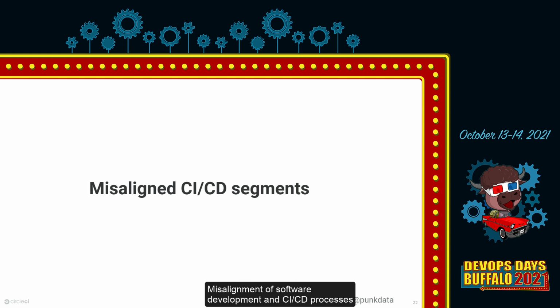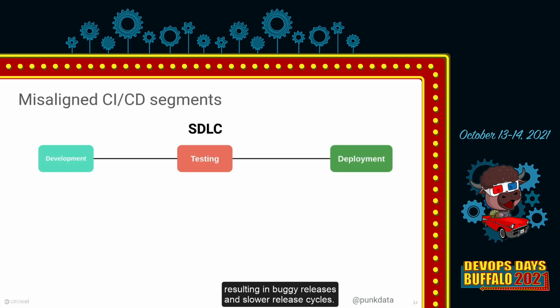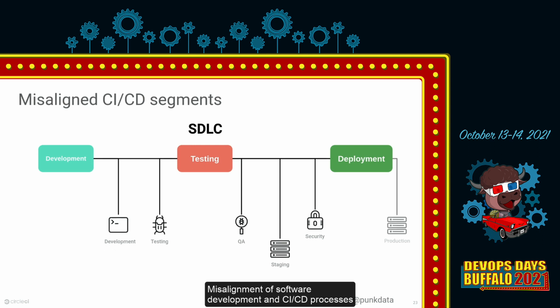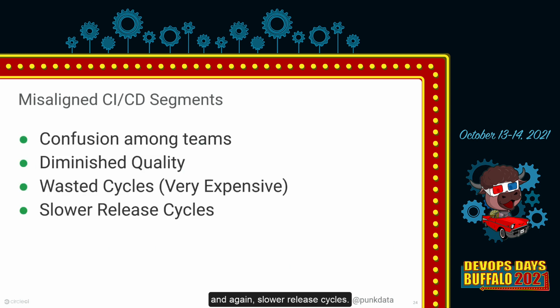Misalignment of software development and CI/CD processes can produce a substantial reduction in quality and productivity, resulting in buggy releases and slower release cycles.